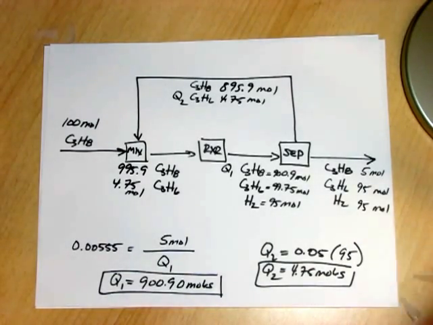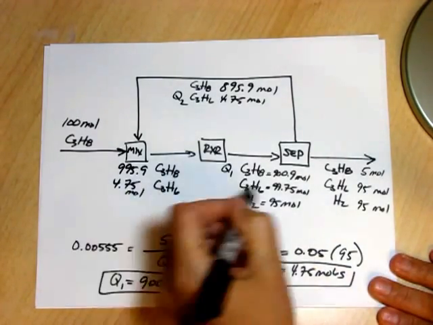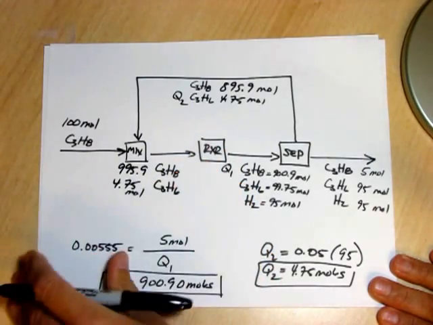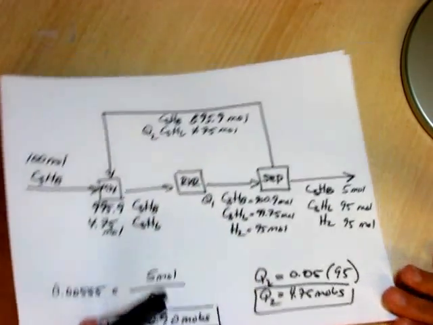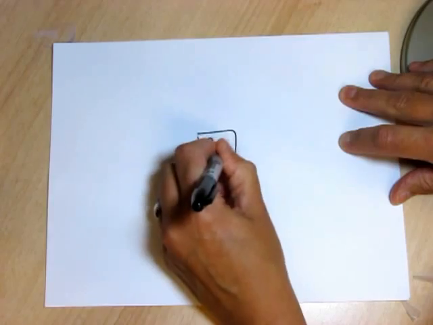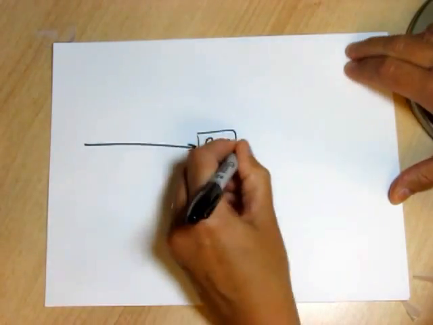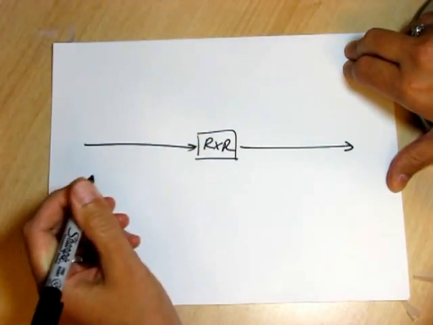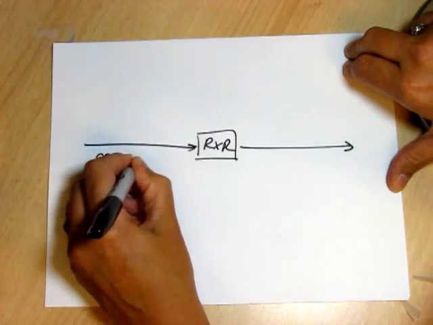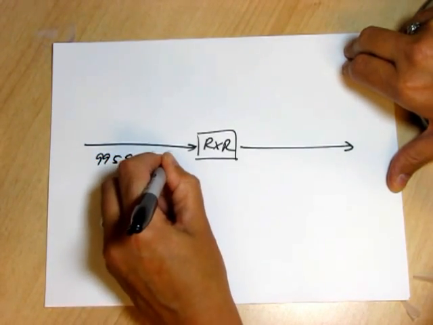We're getting close to the end. We actually know all of the flow rates. We just need to calculate the single pass conversion across the reactor. So to give ourselves again a little bit more breathing room, let's redraw. We have a reactor. Coming into the reactor, we have 995.9 moles of propane.